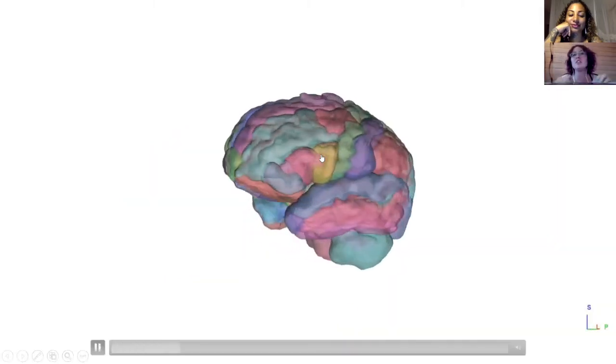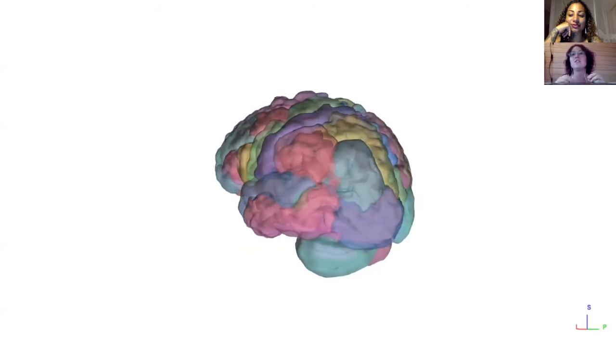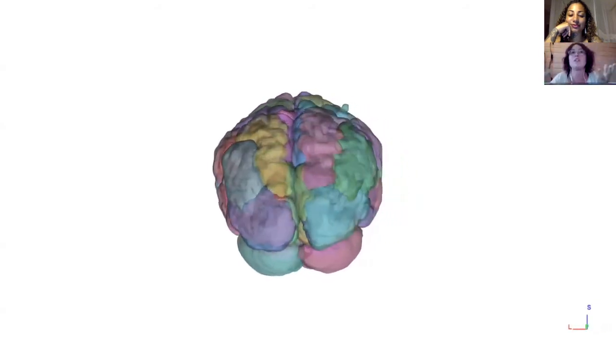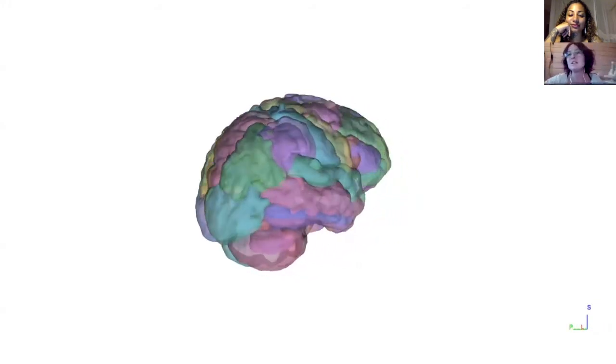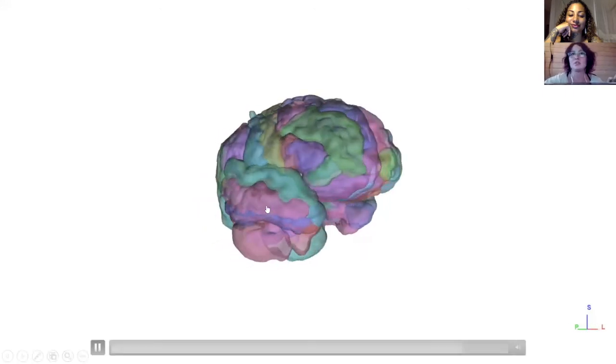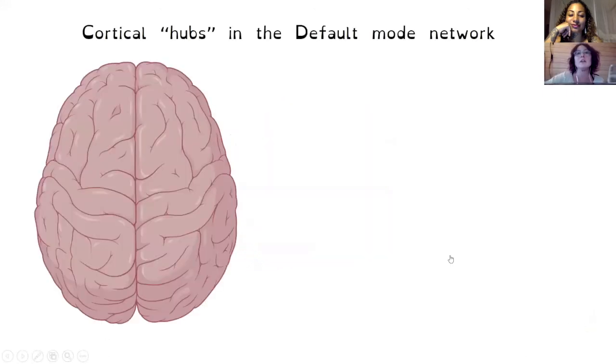So just imagine that we're looking at all the connections and interactions between all those brain areas. This is basically what we're doing in patients. There's a huge literature that has demonstrated cortical hubs in a network named the default mode network. This is the brain network that is activated when you're doing nothing.